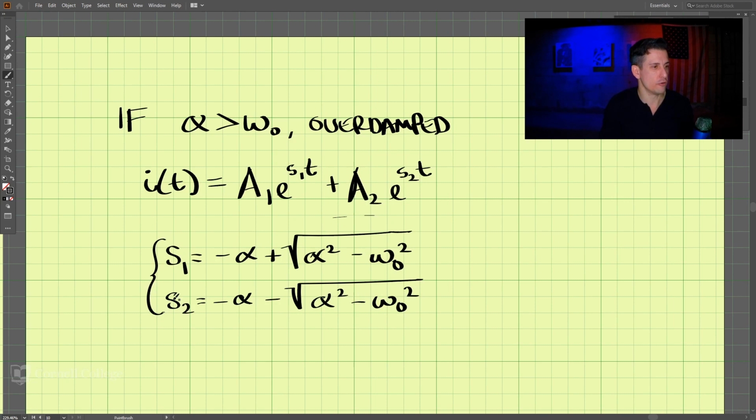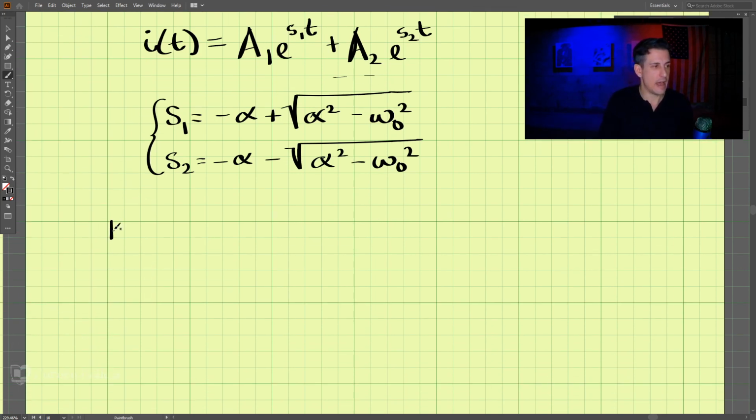So these two go into the equation here and here. And then we would solve for A1 and A2 based on the initial conditions of our circuit. So this is the equation for the overdamped. You can think of that as the first equation.